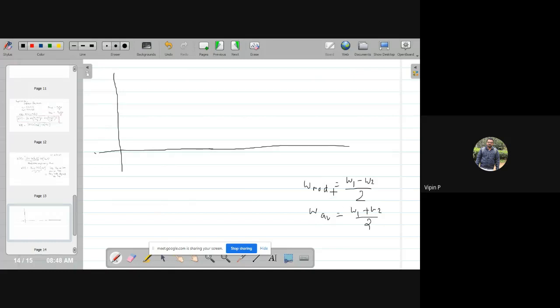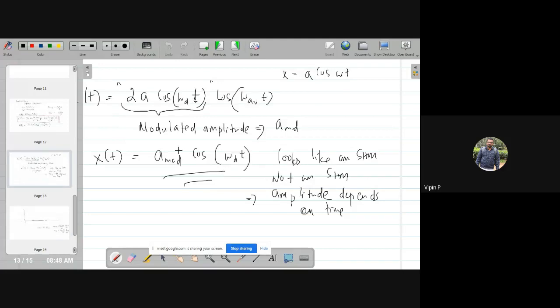If you look at them carefully, you obviously know that omega average is much greater than omega mod. This represents a slow variation, and this represents a fast oscillation. Slow oscillation and a fast oscillation, right?